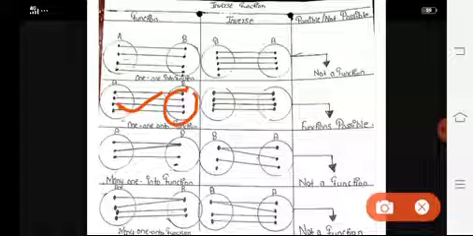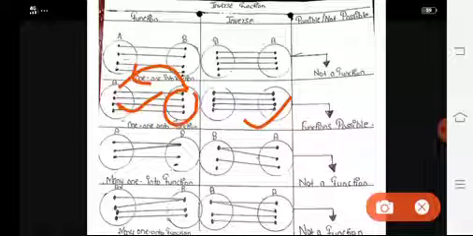Now in this case, if we want to define a function from B to A, so see here we can, whereas in the previous case it was not possible. So when a function is one-one as well as onto from A to B, then we can define a function from B to A also.